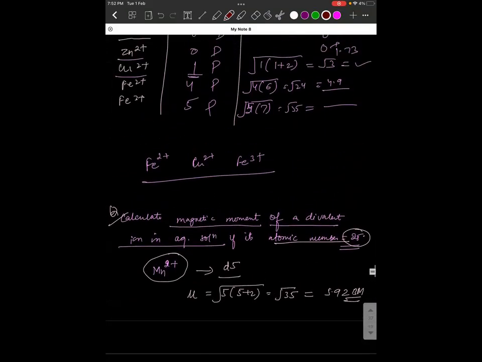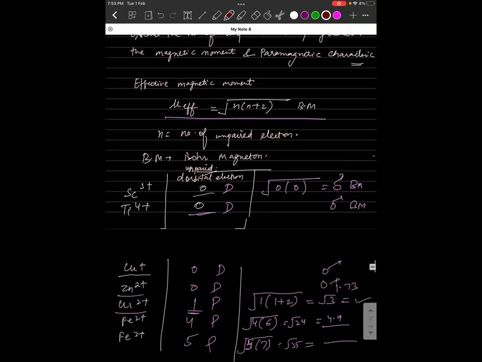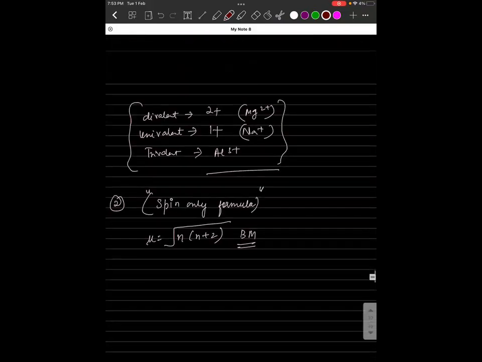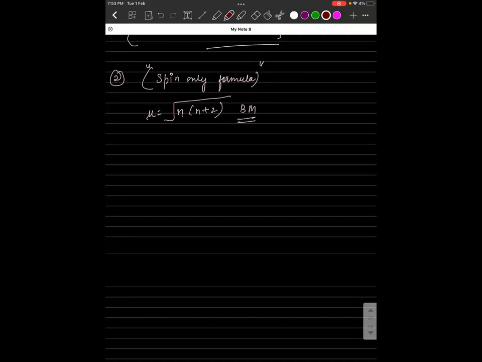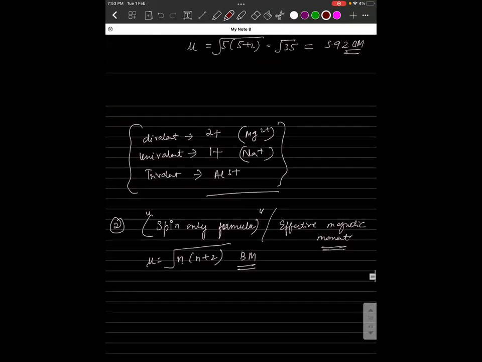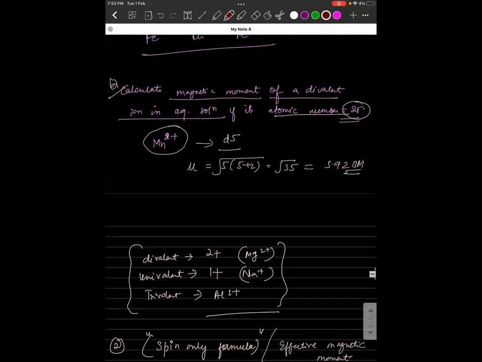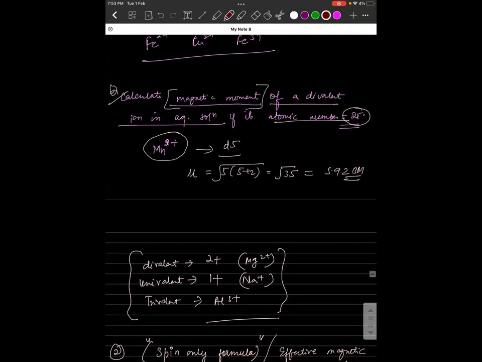The effective magnetic moment formula that I told you earlier is also known as the spin only formula. In this question it was written as magnetic moment, so you got that this formula has to be used.